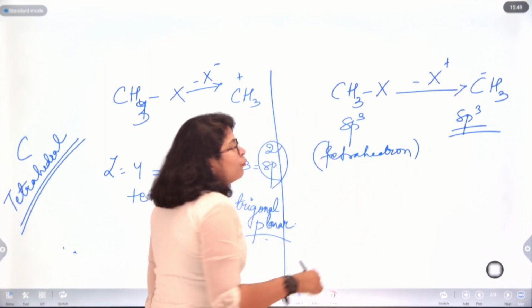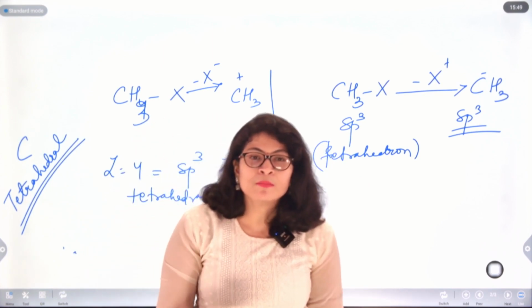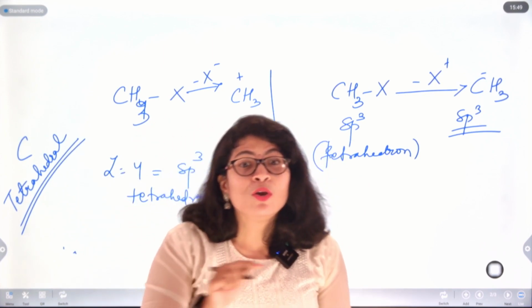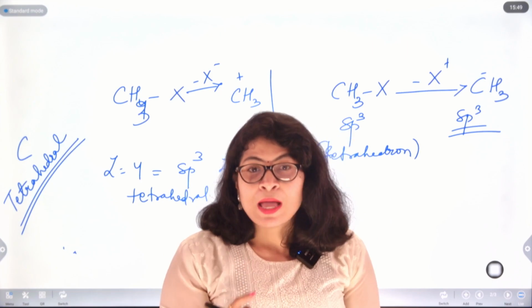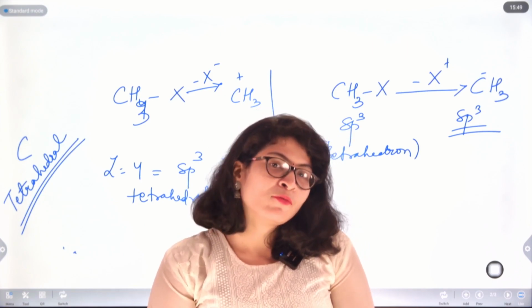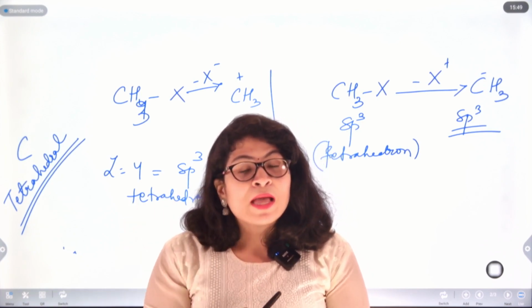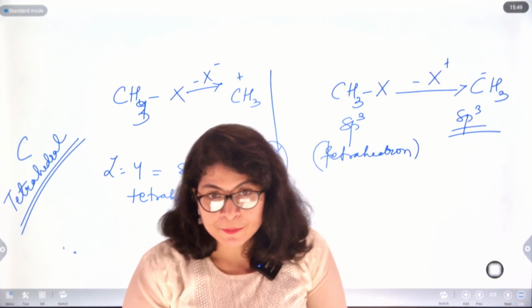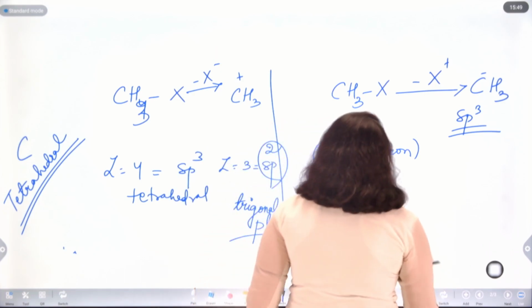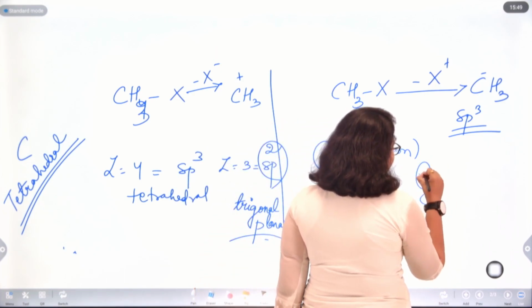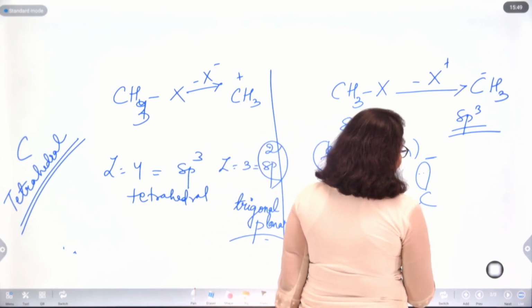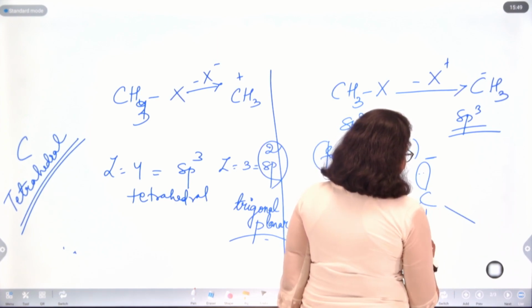But after it lost the heteroatom, what happens? It gained a lone pair on the carbon atom. And in VSEPR theory, I have already said lone pair bond pair repulsion is greater than bond pair bond pair repulsion, right? So the structure basically became a lone pair, which is the negative charge, and 3 other hydrogen atoms were present.